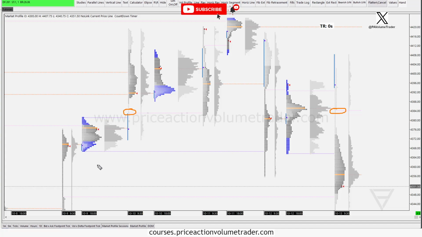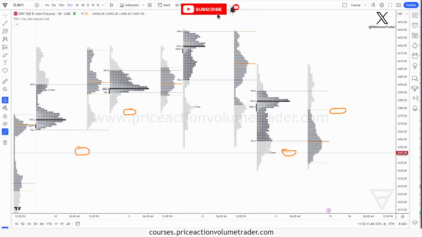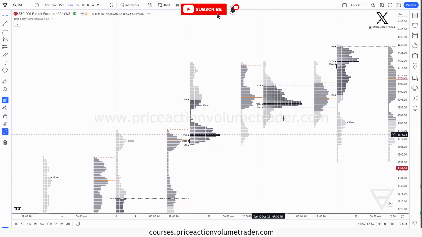And the last element is the poor highs and lows. So a poor high or low is formed when we don't have a nice excess on the profile. So going back to TradingView, this is, for example, a poor high where we have two blocks side by side, or two letters side by side.